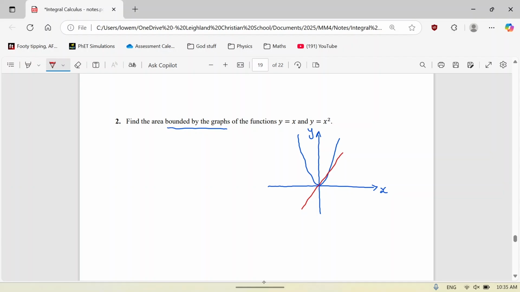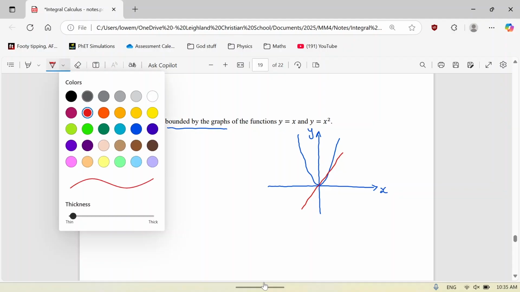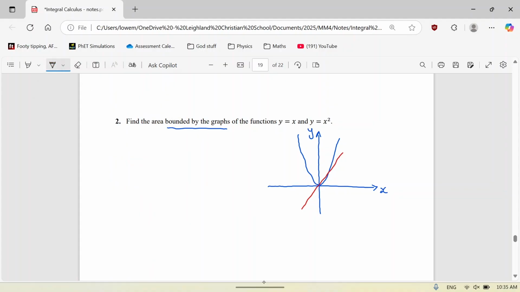Would have been helpful if I drew a little bit bigger, but anyway, we're looking at this region between those two graphs, bounded by the graphs. So this here, bounded by the graphs, implies that they intersect, okay, and there'll be an enclosed region between the graphs, and so that's what we're looking at here, this enclosed region there.